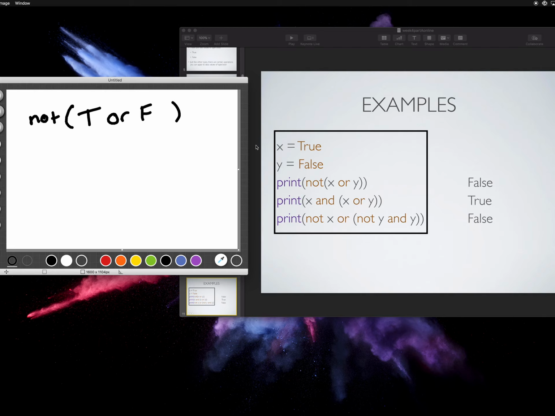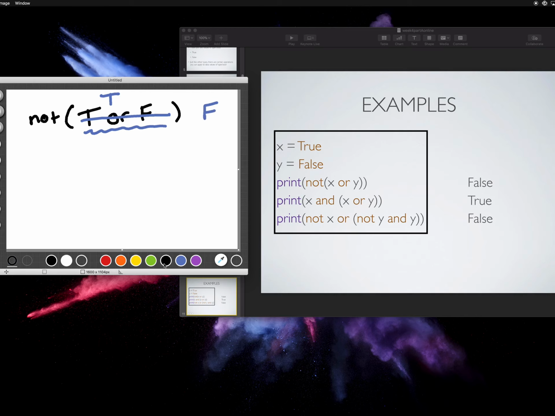If you have stuff in parentheses, you want to evaluate that first, so we are first going to evaluate this part: true or false. The rule with "or" is that if one of them is true, the whole thing is going to be true. So this whole thing is true. Then we can evaluate the rest of it. We have not true, which is going to give us false. So this first part is false.